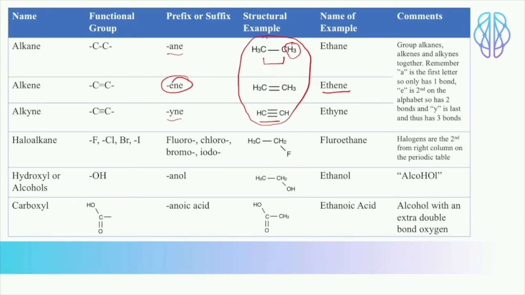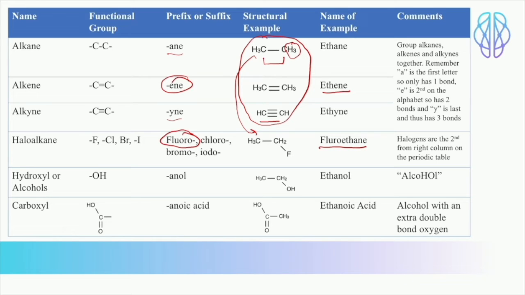So we have two carbons, so you might recall this being quite similar to that. So if we cut out the link to the F, completely forget it, do you agree that would be ethane? Seems easy enough. However, we actually have a fluorine group attached to the carbon. Thus, we add the prefix fluoro to ethane to get fluoroethane.